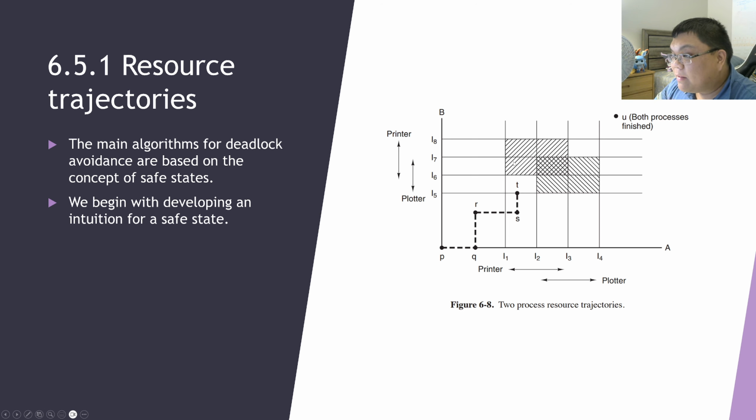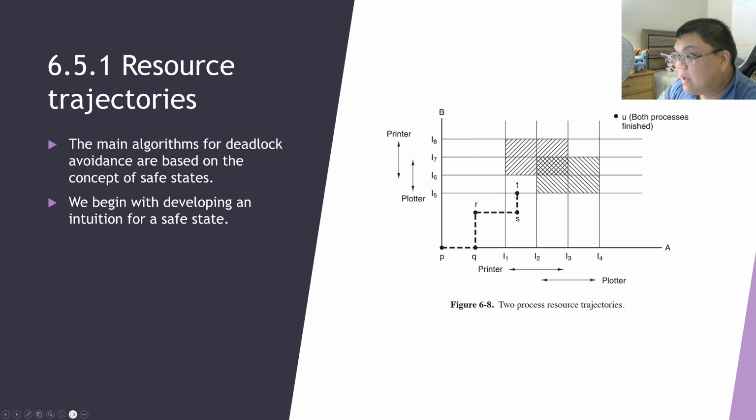we're okay. That means if we're at point T and we go to the right, process A is using the printer and now it's using the plotter. At the same time, process B is about to use the plotter, but it isn't, because we didn't progress with process B yet.